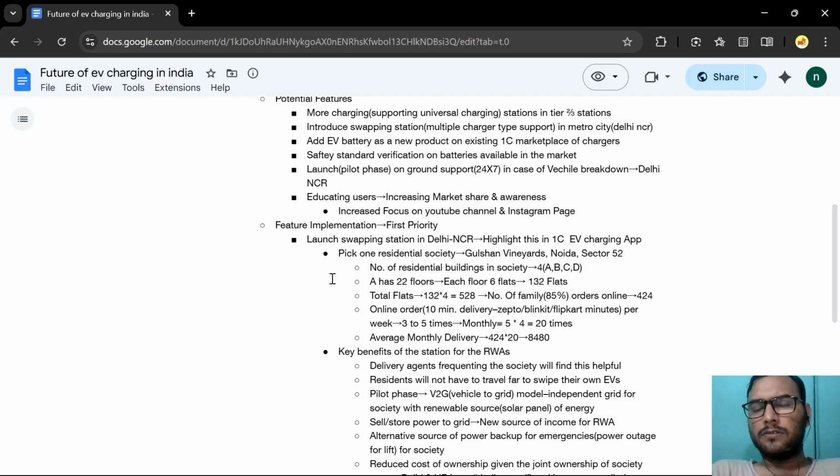Banks or NBFCs are willing, but commercial banks are not so willing to give loans or finance those vehicles, because the industry is new, so they are also not willing to take a risk.